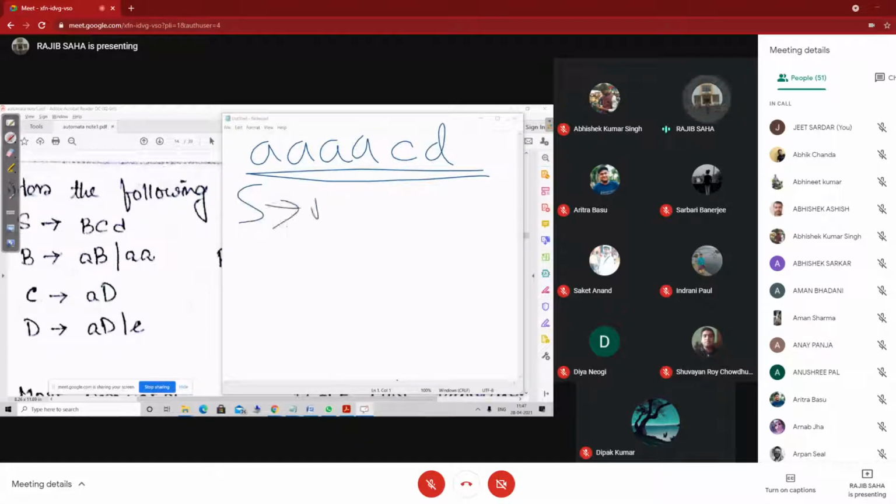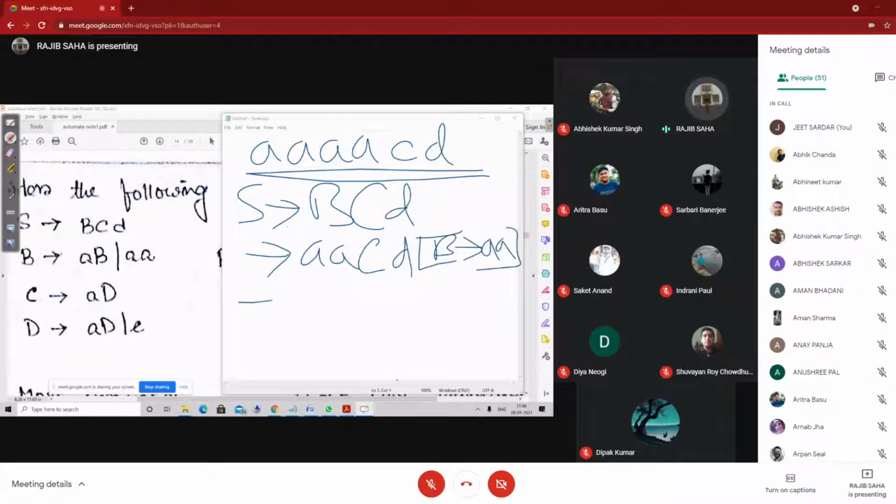So S tends to capital B, capital C, small d. Then this B becomes, we can also do it this way, A capital C capital D. So we have applied B tends to A. Then the C can be replaced by AD. So C tends to AD has been applied here.